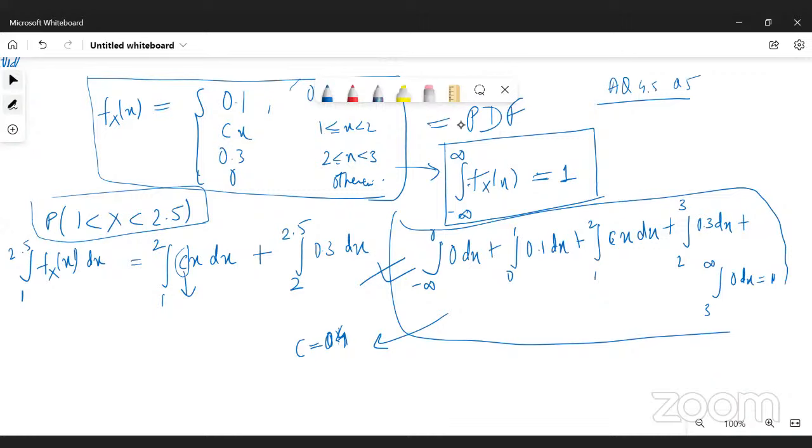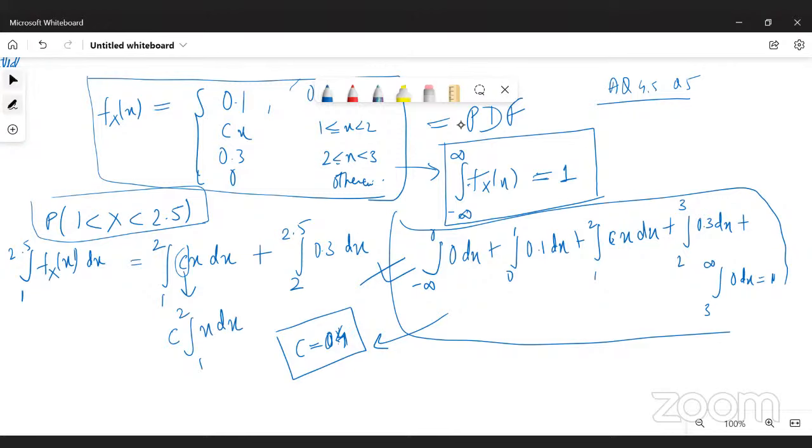So for a constant, the integration will be constant times x. So this constant term will go out and you will have x dx from 1 to 2. So what is the integration of x dx?